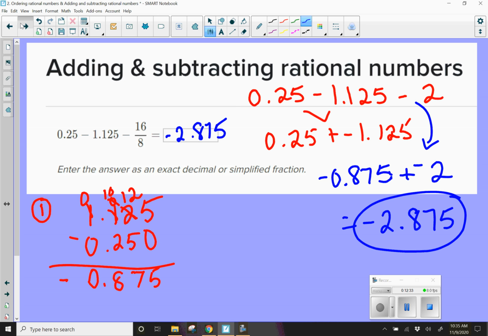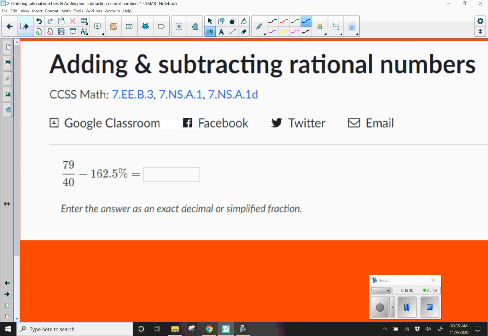Okay, let's go to the next one. 79/40ths minus 162.5%. Well, first let's convert 79/40ths to a decimal. So 40 goes into 79 once.